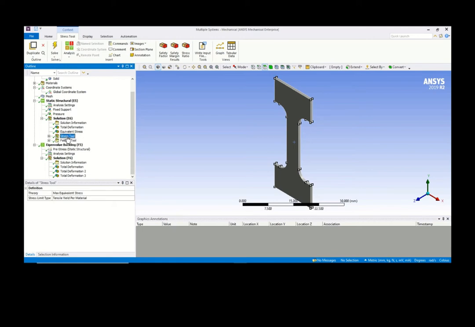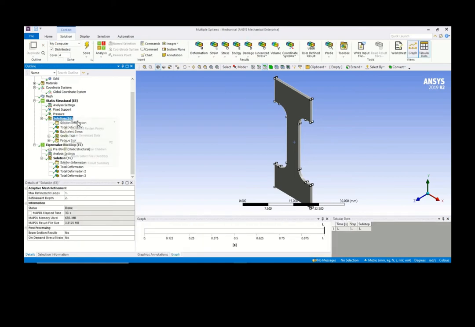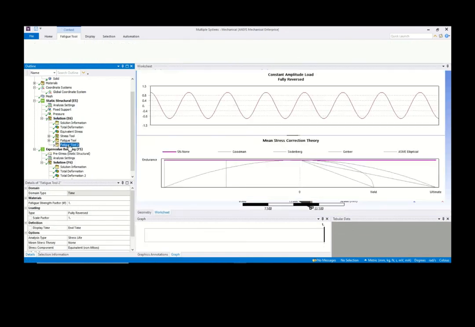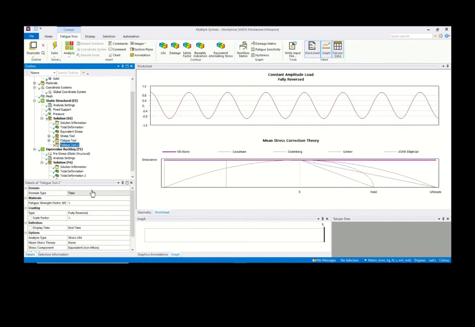So that is your so-called static failure. Then we also want to look at fatigue failure. You go to insert, under fatigue, and you can call the fatigue tool. If I click on it, it's empty, so first you have to select the fatigue strength factor. I put 1.